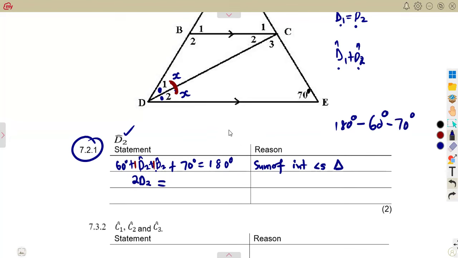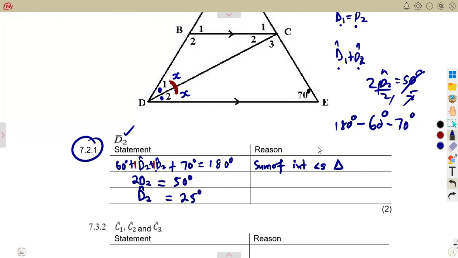The difference that you obtain is equated to 2D2, which is 50 degrees. So 2D2 is equal to 50. You can simply divide both sides by 2. That means angle D2 will be equal to 25 degrees.